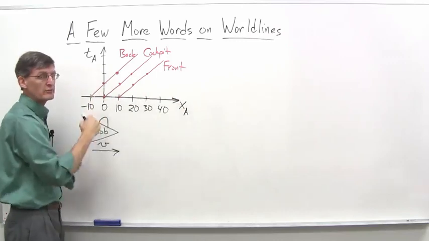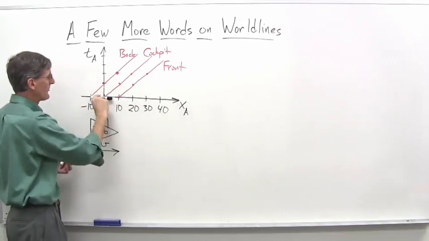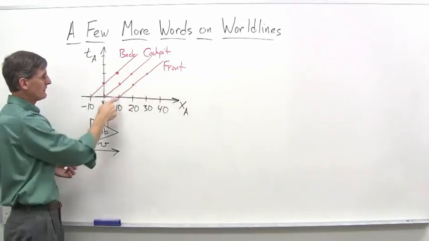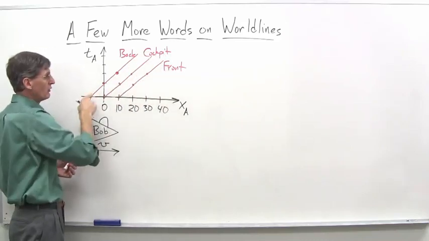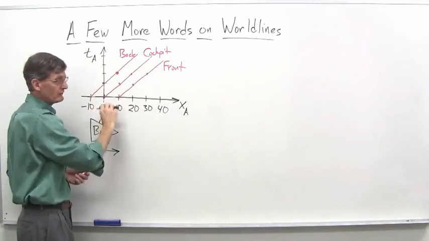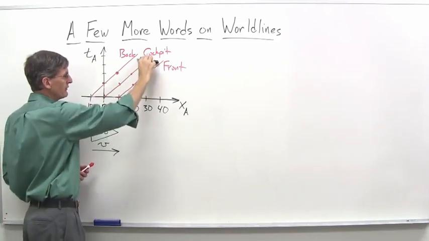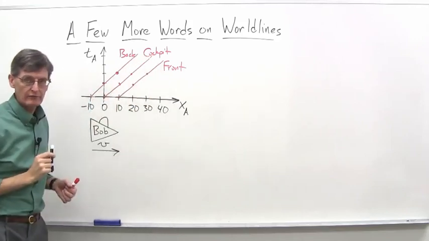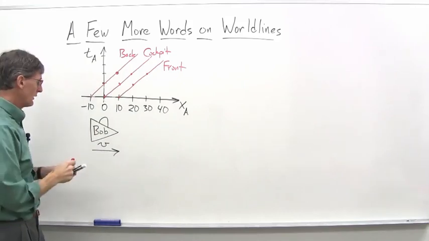She's representing that on the space-time diagram as moving along this way. So we have the world line of the front of the ship, the cockpit, and the back. Things that move in parallel, these diagonal lines, all parallel to each other, represent a moving object, an extended object, in Alice's frame of reference on her space-time diagram.